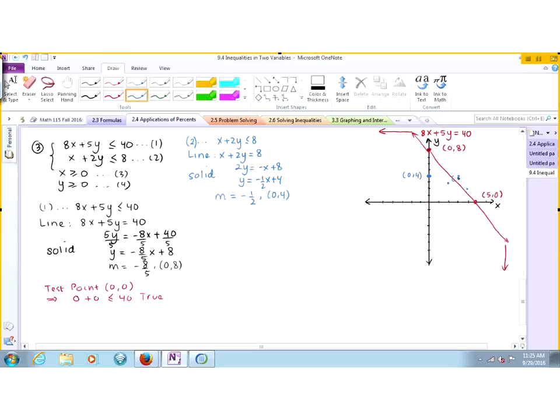If you go down 1, this is 3, 2. Okay. And then I will just draw the solid line through it. And I label my lines. The label is x plus 2y is equal to 8. Okay.